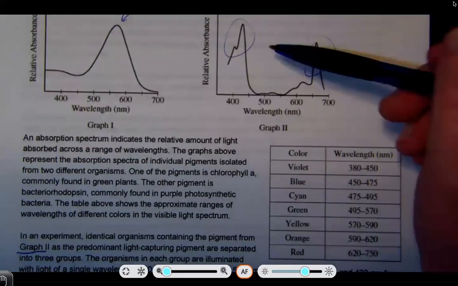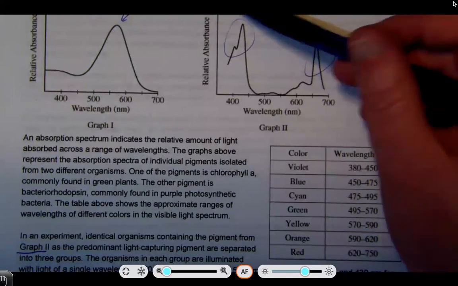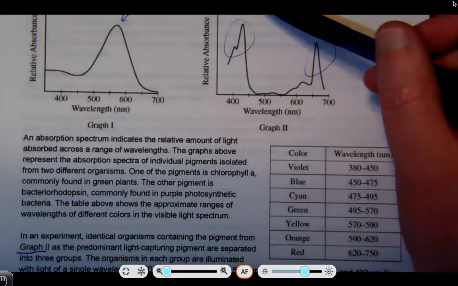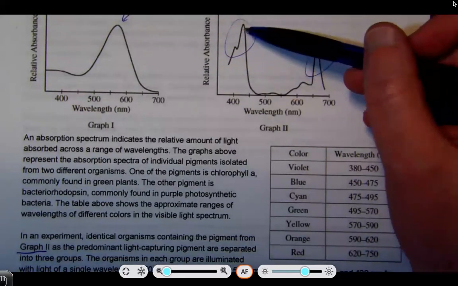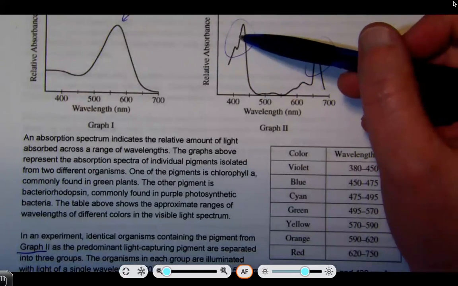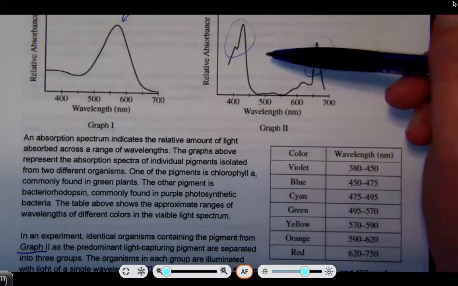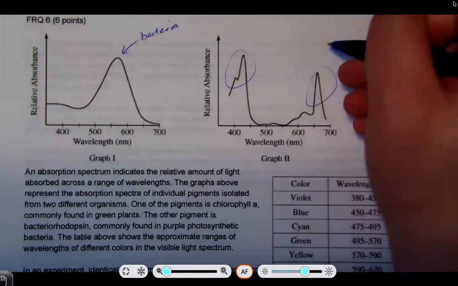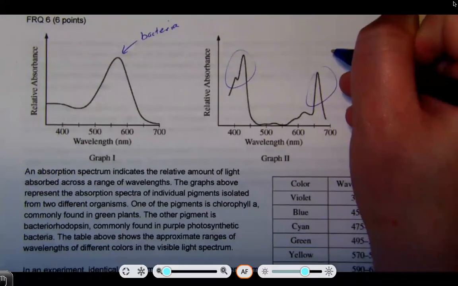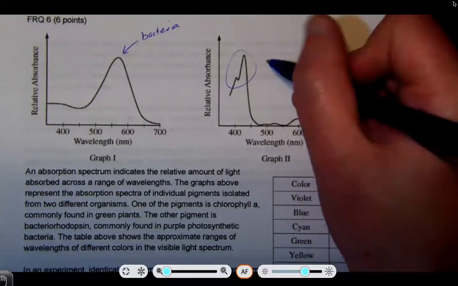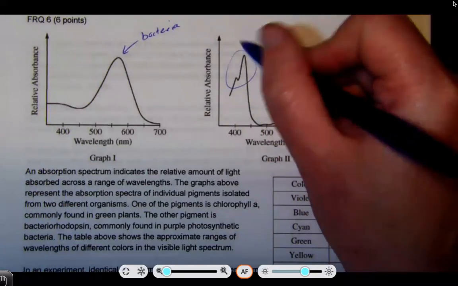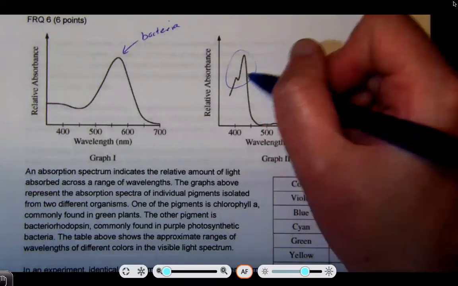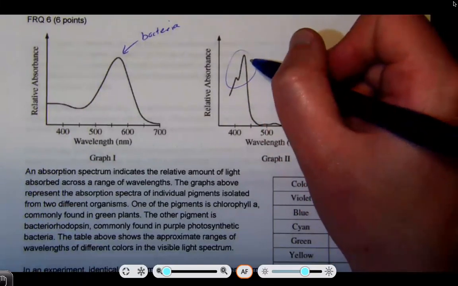So our highest rate of photosynthesis would be expected to be at 430 nanometers. And you would justify that because the shorter the wavelength, the more energy the light has, and it's absorbed more, which means more energy is being absorbed. So more energy means more photosynthesis can take place.